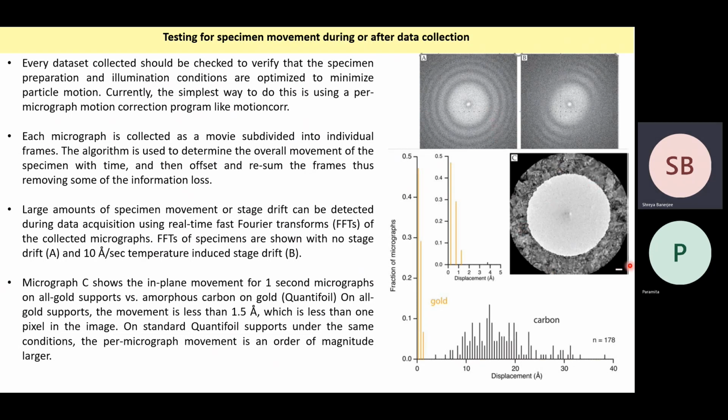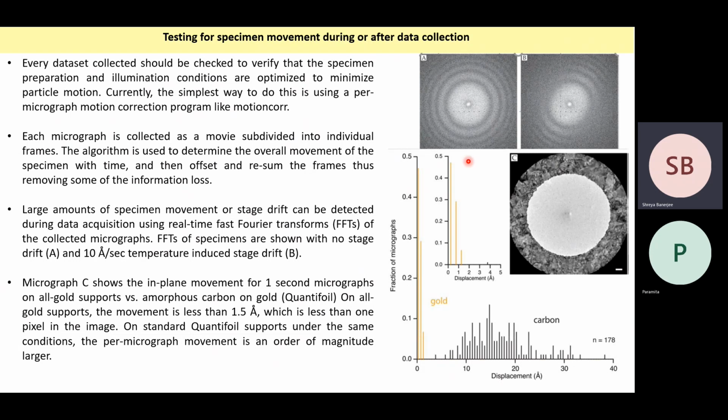This picture is showing the movement for 1 second on all gold versus amorphous carbon on gold support. You learned about the grid a few slides ago. If the grid is made up of gold, the movement is very small. Displacement is on the x-axis. The displacement, as you see, is less than 1.5 angstrom.